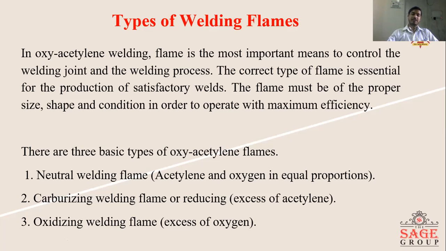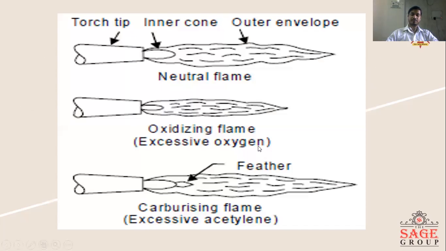Basically three types of oxyacetylene flame are used: neutral welding flame, carburizing welding flame, or oxidizing welding flame. This is the diagram of all three types of flame: neutral flame, oxidizing flame, and carburizing flame.